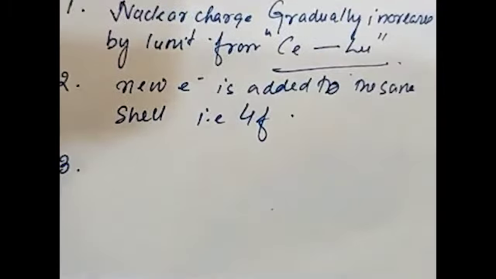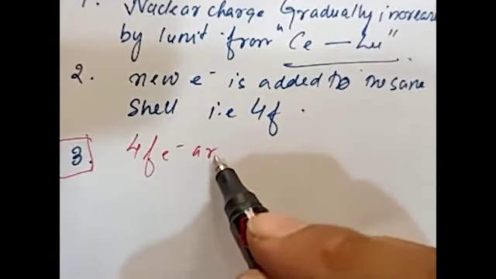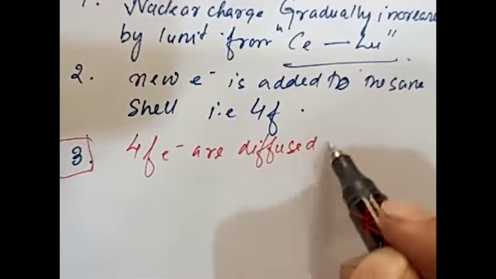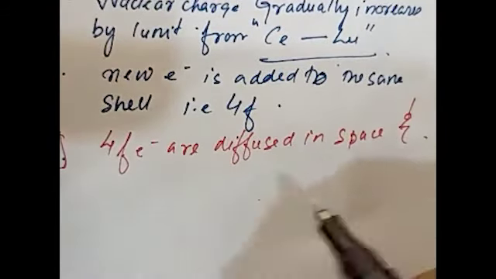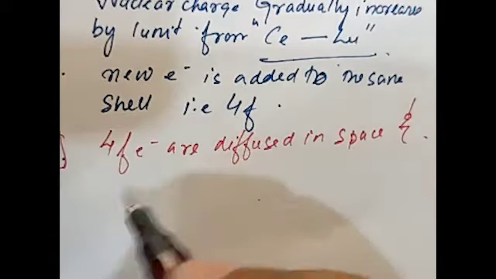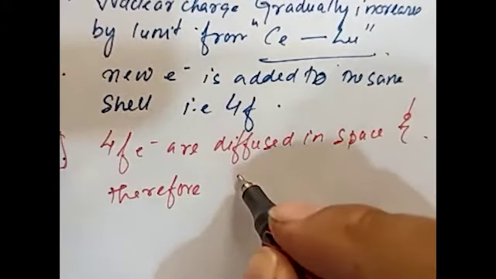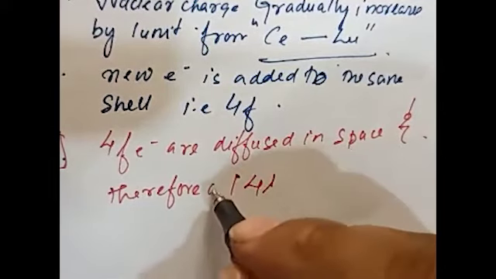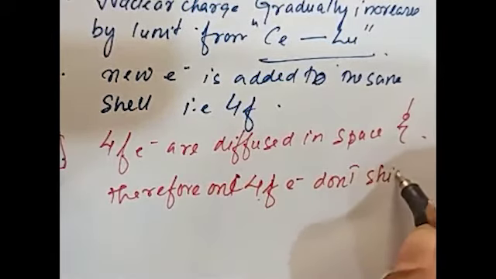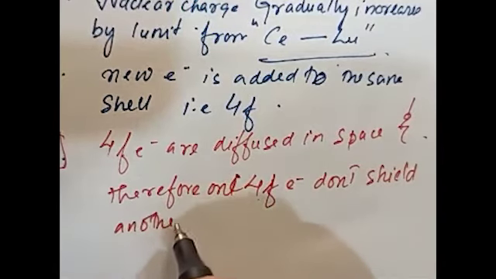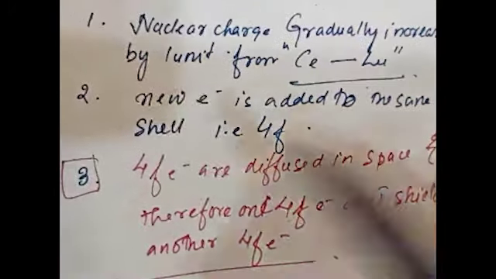This is a very important point. 4f electrons are diffused in space, and therefore one 4f electron does not shield another 4f electron. Very important. So these 3 are the main reasons.